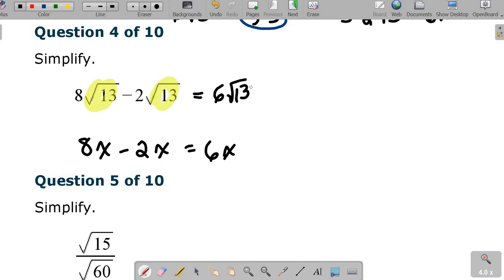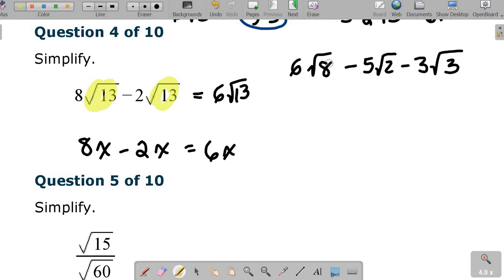Now, if you had different radicals, the first thing you would have to do is simplify. For example, if you had 6 root 8 minus 5 root 2 minus 3 root 3. At first glance, it doesn't look like anything matches.